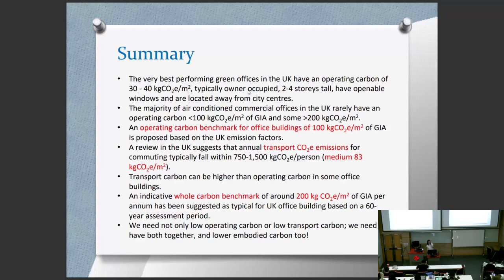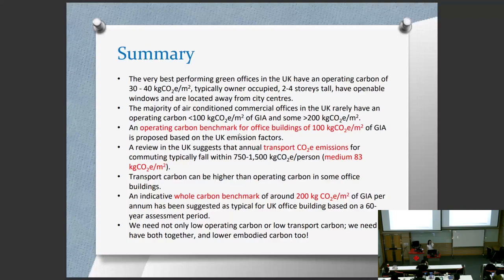These are typically owner-occupied, so one owner only, and low-rise buildings of 2 to 4 stories, with openable windows, far away from the city center. The majority of air-conditioned commercial buildings in the UK rarely have operating carbon smaller than 100, the benchmark, and some are higher than 200.